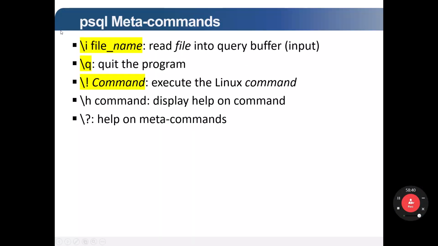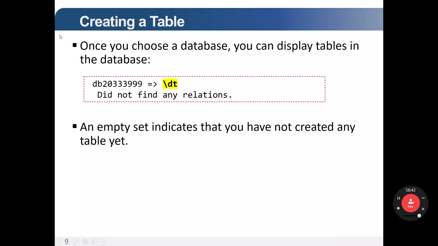Okay, that's the introduction to the Postgres commands that you can use inside the DBMS. Using \c, you can open a particular database, and now inside that particular database, you can list the tables and run some SQL queries.